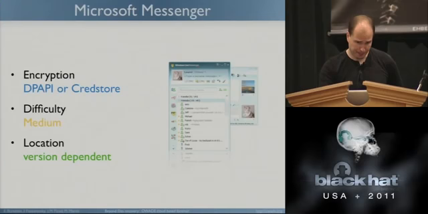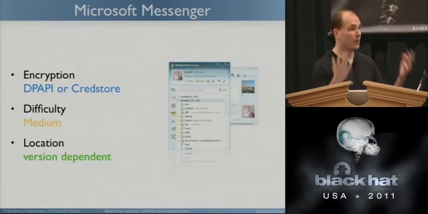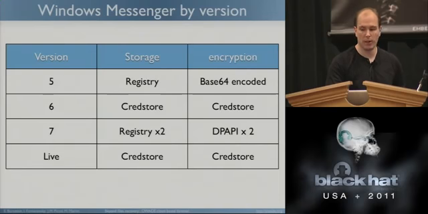Microsoft Messenger. They keep changing again and again, to the point where we have some modules we don't even know if they work, because we don't have Windows Messenger version 7.5. If someone has that, we will be happy to get some data to test. It's not very hard, depending on the versions. The first one was version 5. Microsoft was just putting the passwords in clear in the registry.